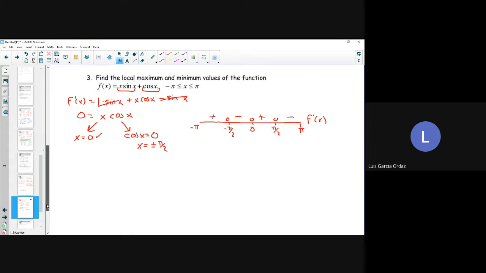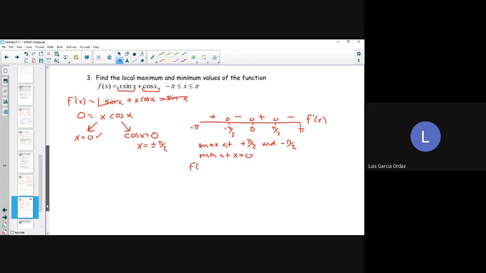Which means that I have a max that happens at 2 places. I have a max at positive pi over 2 and negative pi over 2. And then I have a minimum at x is equal to 0. So now I need to figure out where my min is.